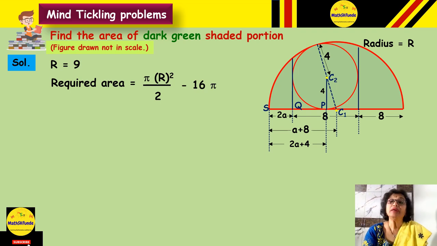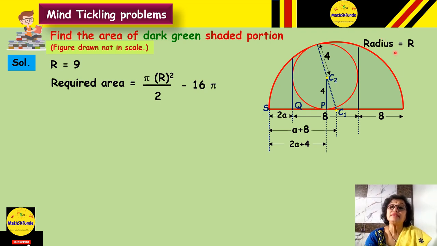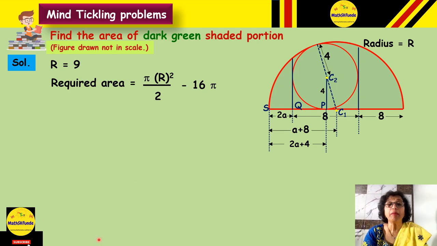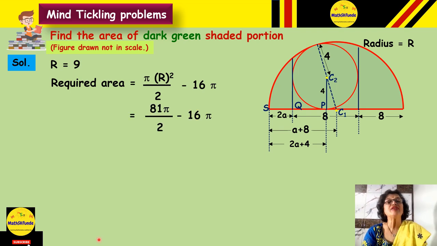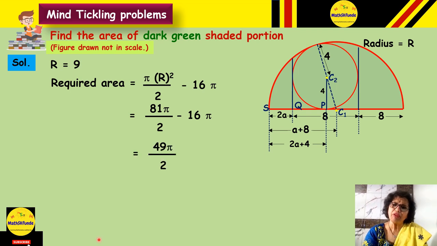The required area is the semicircle's area minus the area of this circle, which was given to be 16 pi. So it would be pi capital R square upon 2 minus 16 pi. Substituting the value of R gives 81 pi by 2 minus 16 pi. Simplify this, and it gives finally 49 pi by 2 square units. This is how we have found the required area.